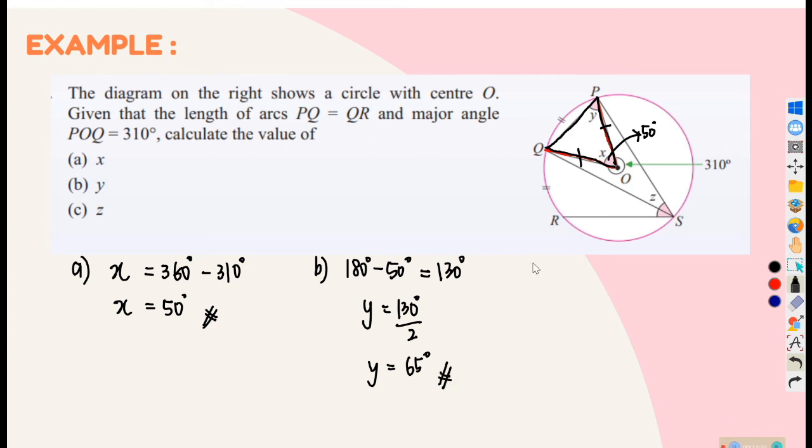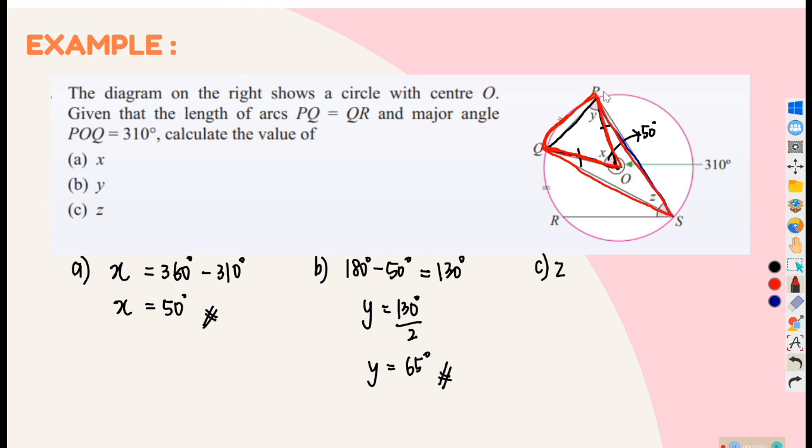Now we want to find z. So how to get z? This one, you can see the shape of rocket here. It goes up here, oh sorry, goes to this arc and goes back to the same arc.